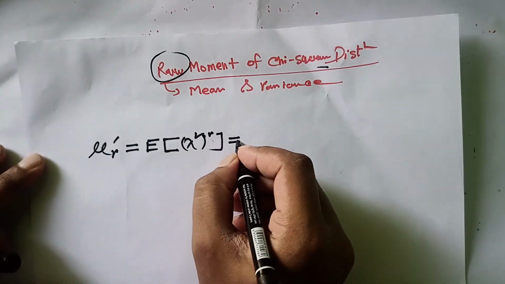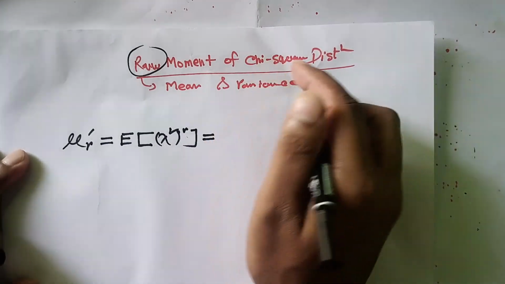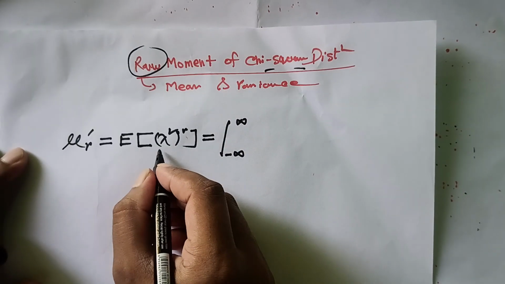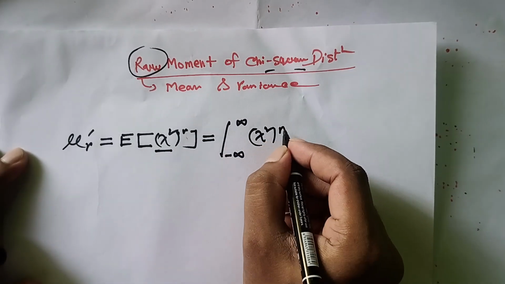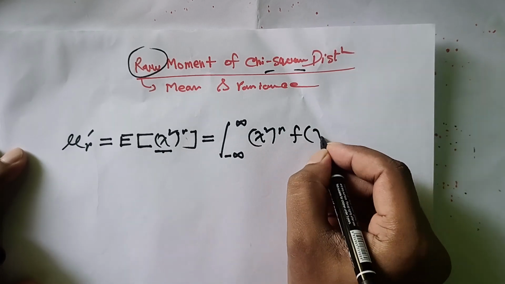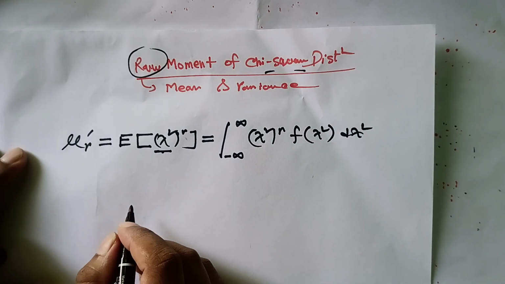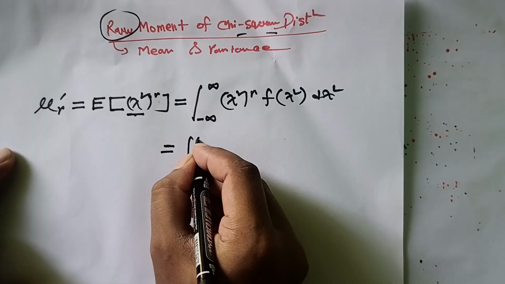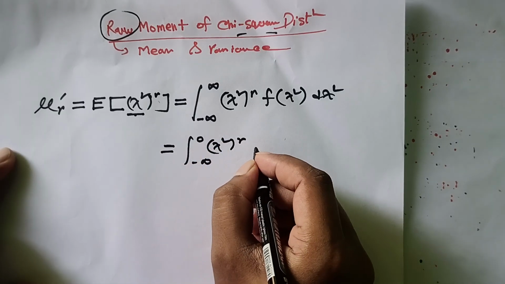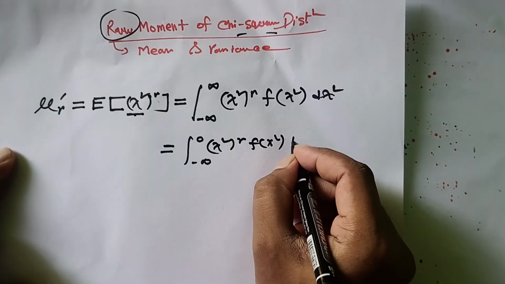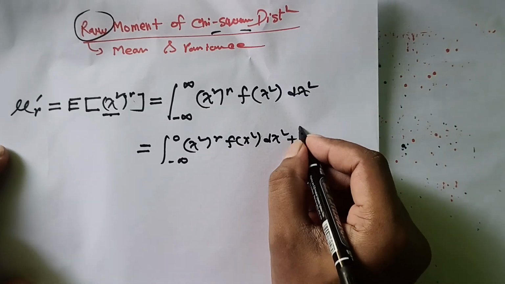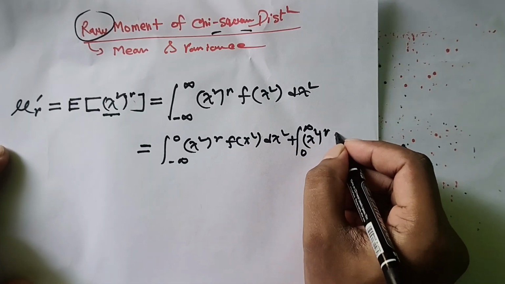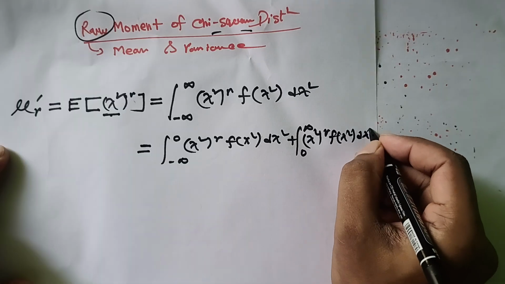As it is a continuous distribution, we will use integration from minus infinity to plus infinity of chi-square to the power r, f of chi-square d chi-square. We can split it into minus infinity to 0 and 0 to infinity.